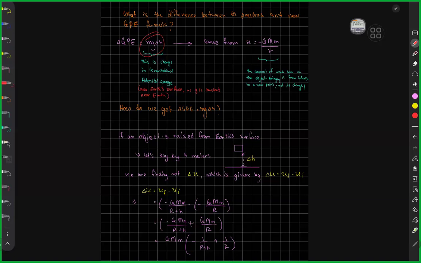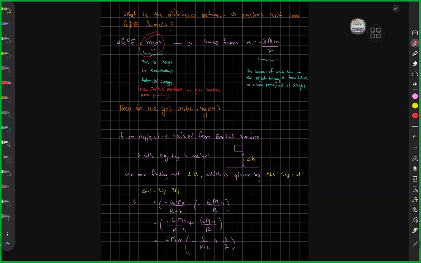What is the assumption? The assumption is we're talking about gravitational potential energy near the Earth. That is, let's say the height is the height of a building or the mountains, and that's it. We are not talking about height being beyond the Earth's surface till, let's say, Mars or something. That's a really big distance.